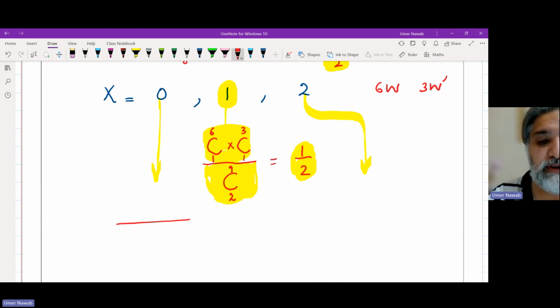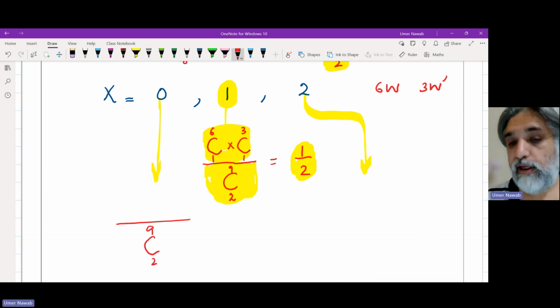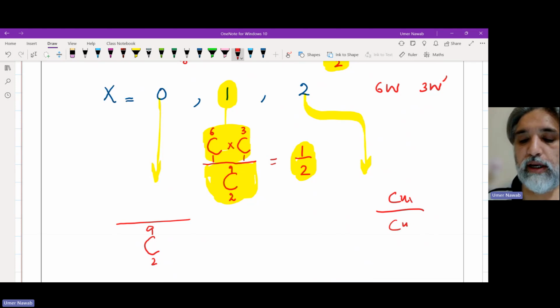Again, I'm trying to convince you why, guys, combination works here, even though the question was without replacement. Up and down, both probabilities, both combinations we are taking, like when we write centimeter divided by centimeter, a length here and a length here, they cancel the effect of each other.